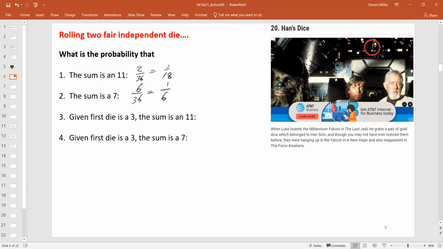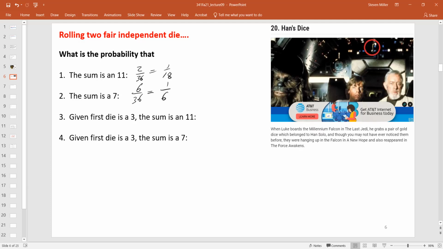What's the chance that the second die gives you a 7? It's 1/6. It doesn't matter what you roll on the first die. There's one and only one number on the second die that will add up to 7. So it's just 1/6. So now what we're going to do is we're going to turn to conditional probability.